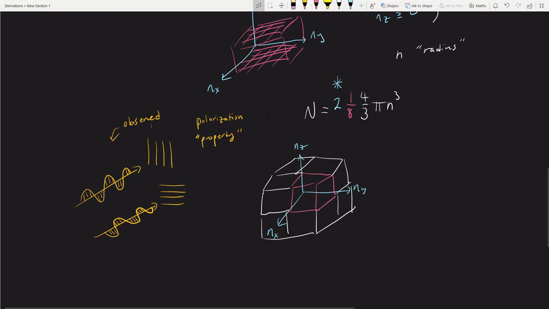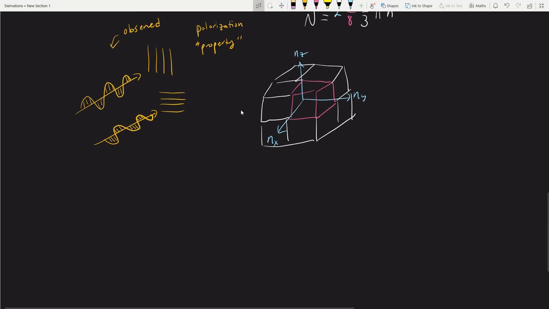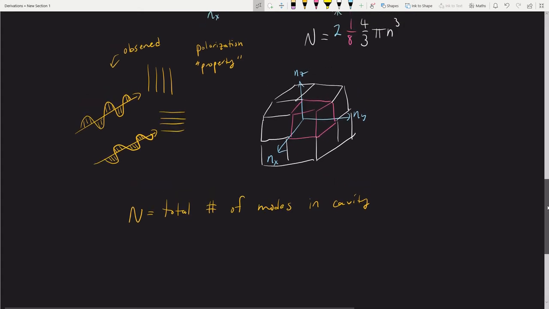Now that we have capital N, we should ask, what is capital N? Capital N equals the total number of modes in the cavity. It's important because, as we'll get into some statistical mechanics soon, it tells us the number of configurations of that wave in that cavity.